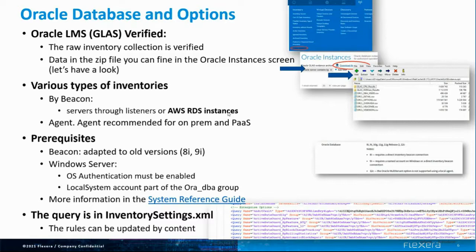So here we are talking really not about infrastructure as a service, but application as a service, or Oracle instance as a service. And this is new since June 2021.